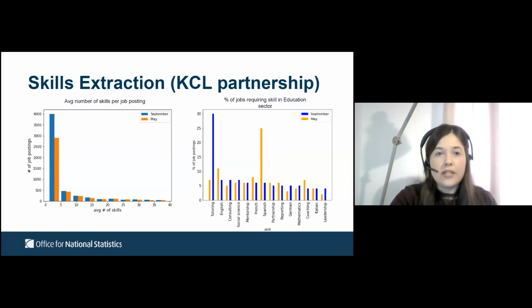The model uses a skill list which has been extracted from dice.com, which had over 11,000 unique skills. And then for each of these skills, descriptions were taken from Wikipedia to provide a little bit more context into what the skill entails.